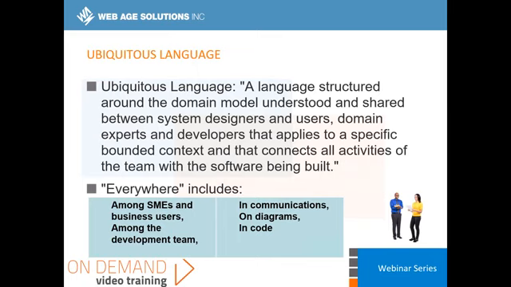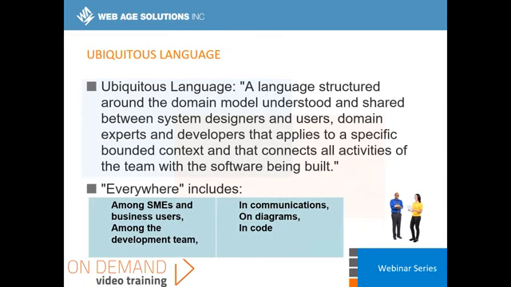So ubiquitous means everywhere, or permeating everything, or appearing everywhere at the same time. In the world of domain-driven design, it has this notion of being structured around the domain model, and something that is understood by system designers, domain experts, users, developers, anyone who is part of the team developing the software for that particular element.